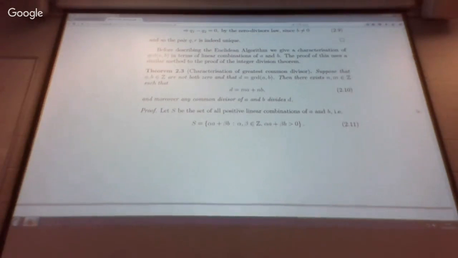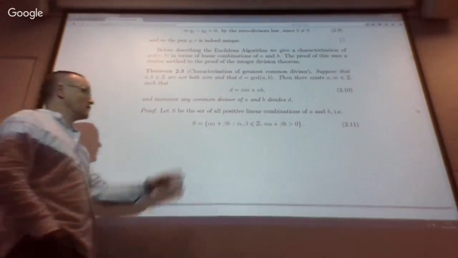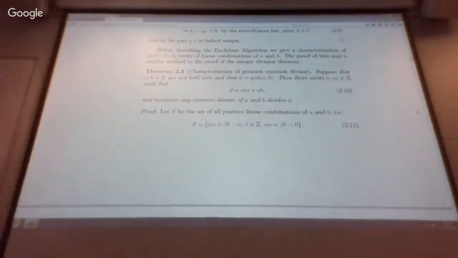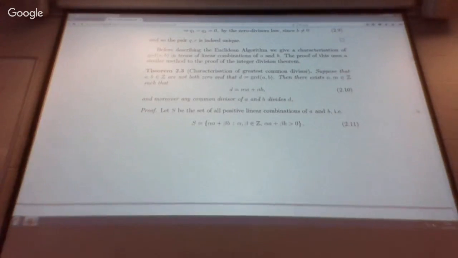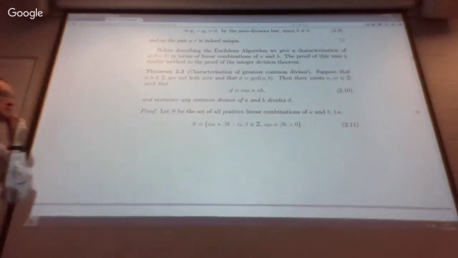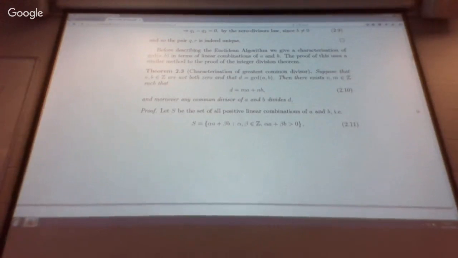Now that's really nice to have. It gives you a nice equation that tells you what D is in terms of A and B. And it relates the greatest common divisor to A and B through the operations of addition and multiplication. It's a very useful concept that will help us along the way at many points.